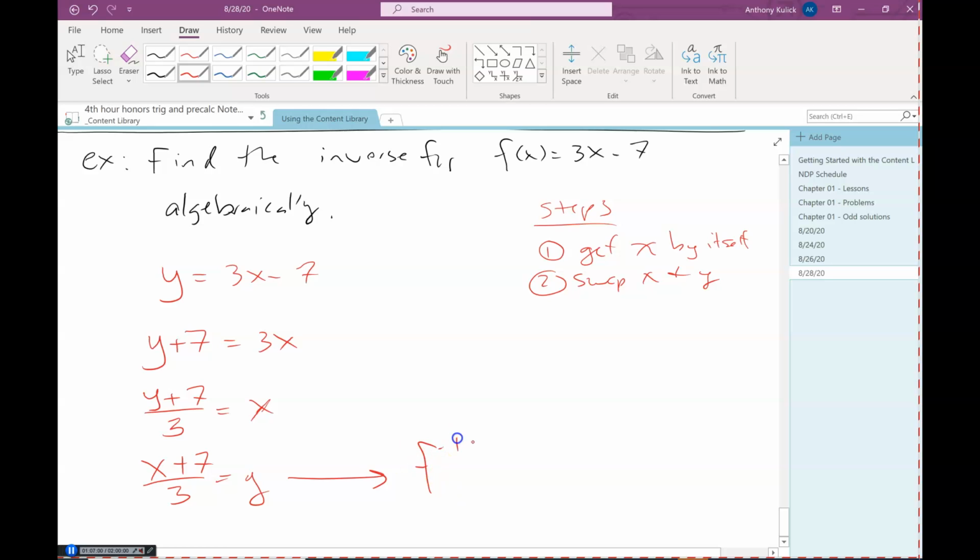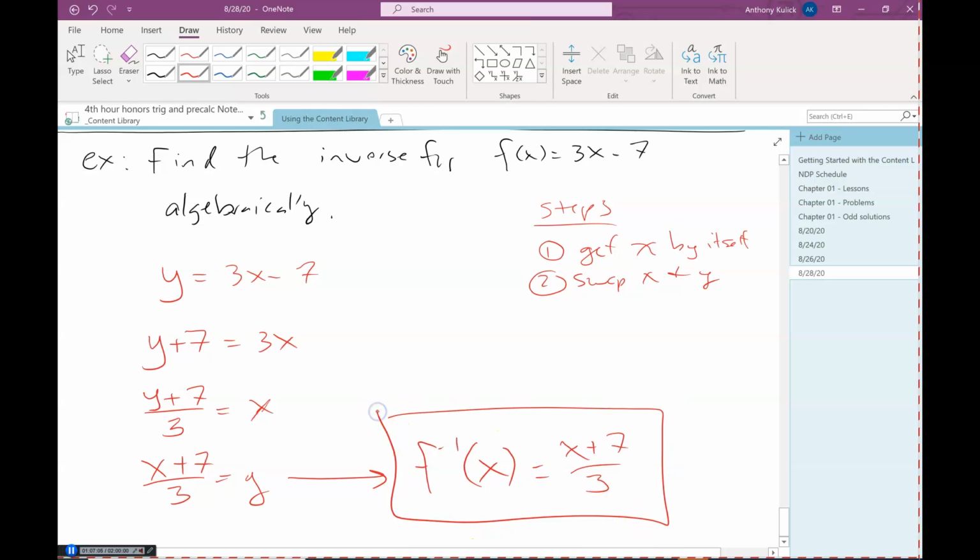And really, at that point, we'd rewrite it with the f inverse notation. Like that. Does that all look familiar? Okay. So we can say then that these 2 things are inverses, right?